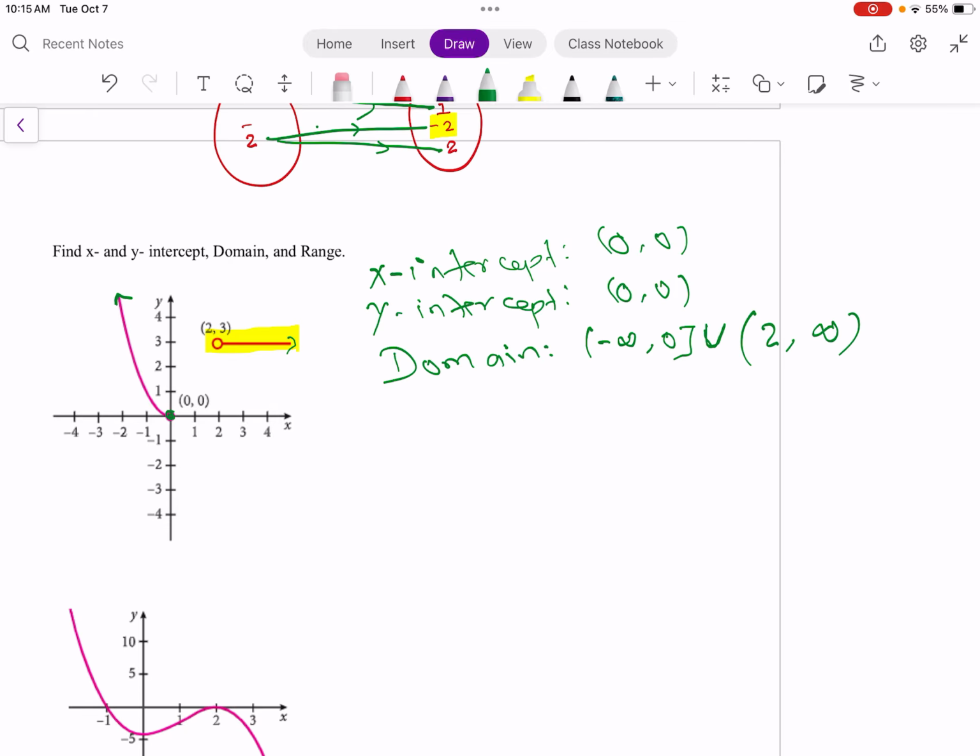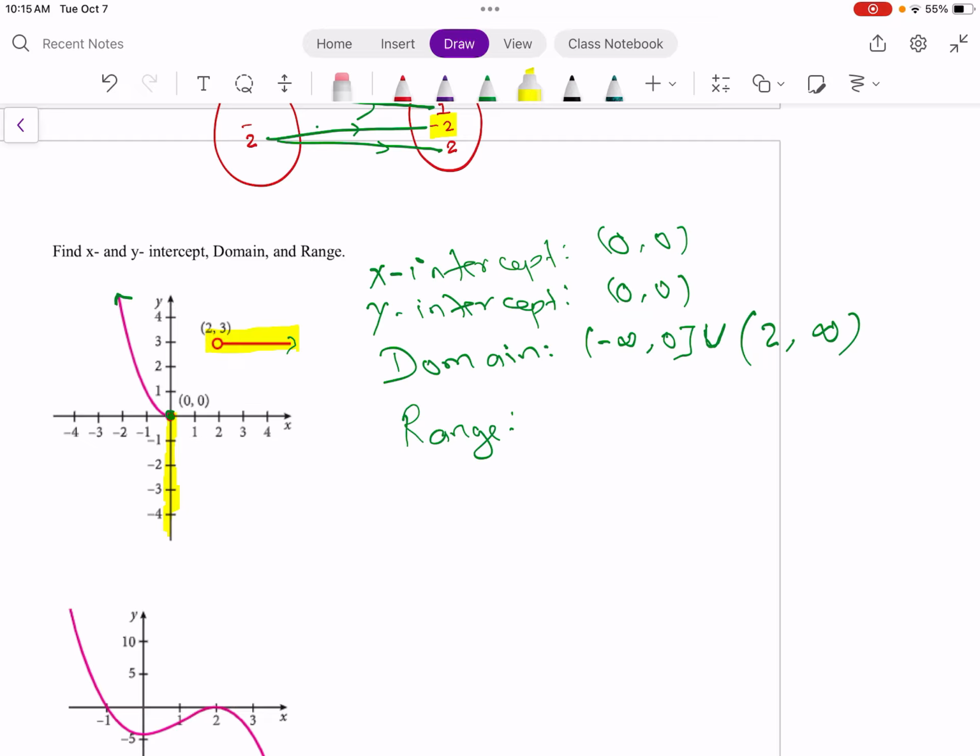Now the next we have our range, and for range we are looking along the y-axis. Now what are the possible y values that this graph can have? Do we have any graph below 0 here? If you extend on both sides, we do not get a graph below the x-axis, right? It means every negative number is not in the range.